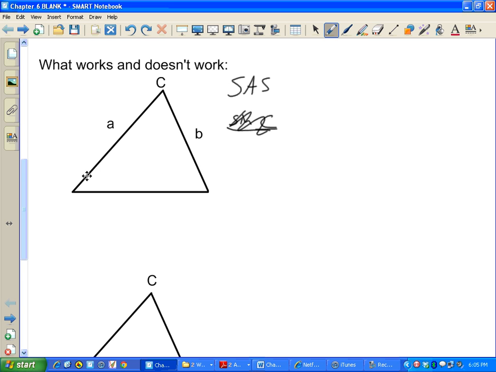I have B, but I don't have angle B. I have A, but I don't have angle A. So I can't use the law of sines when I have side-angle-side. This does not work with the law of sines.